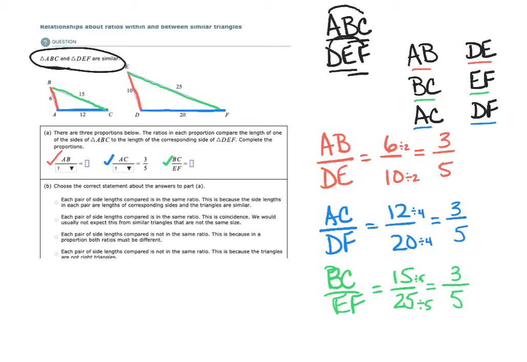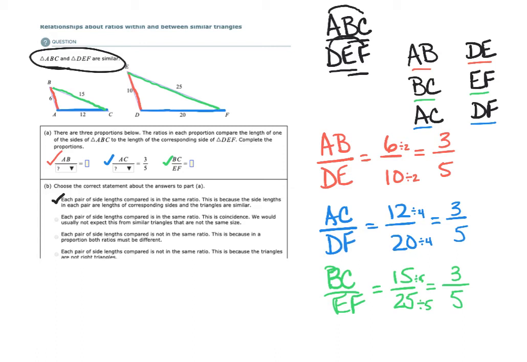This is because the side lengths in each pair are lengths of corresponding sides and the triangles are similar. Again, some of that is given information that I have just proven mathematically, so that one is correct. The reason the other 3 will not be, and you'll have to watch and make sure that these don't switch order on you, is that you shouldn't just assume the first one is right, but really read through each explanation to see why the other 3 are not.